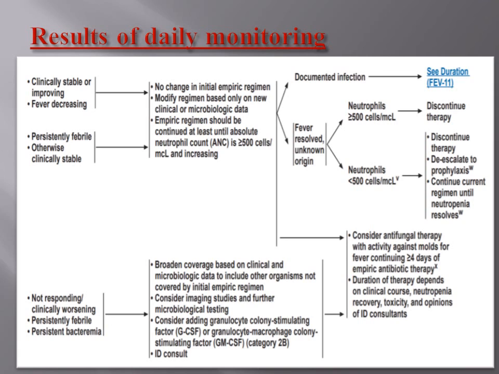For a non-responding or clinically worsening patient, with persistent febrile neutropenia or persistent bacteremia, I should broaden the coverage based on the clinical and microbiologic data to include other organisms not covered by the initial empiric regimen. Consider imaging studies and further microbiological testing, including X-ray and CT scan.